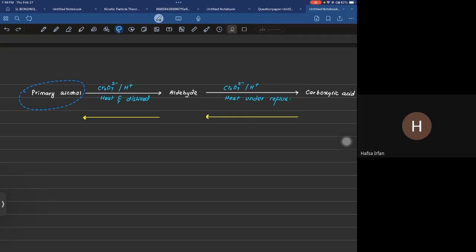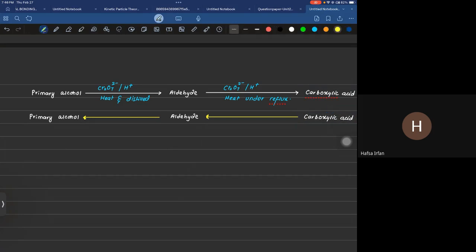This is my primary alcohol, or this is aldehyde again, or this is carboxylic acid again. मतलब कि कुछ इस तरह से सेट हो गई बात.